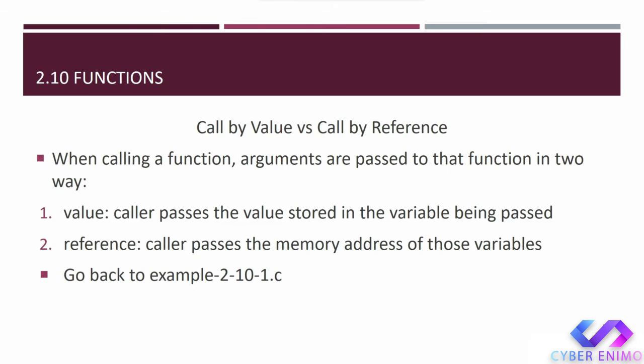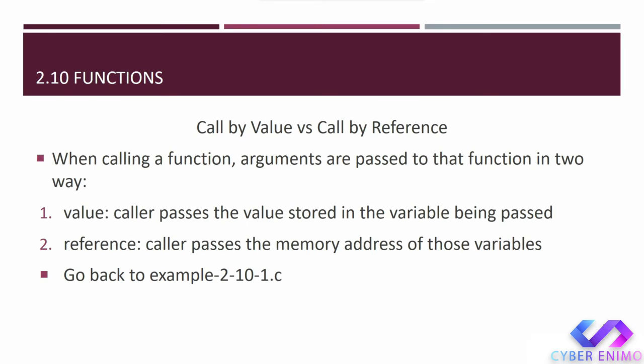In other words, we can pass the address in memory where those variables are stored. However, to pass addresses to a function's arguments, these arguments must be capable of storing memory addresses. In other words, they must be pointers.